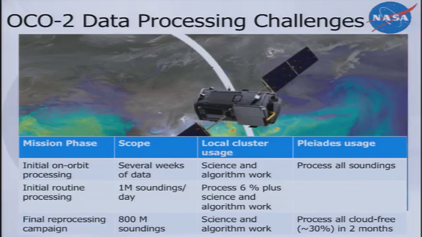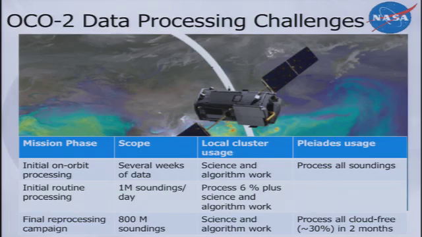It's orbiting the Earth, collecting data. A sounding is usually temperature, humidity, but in this case, it's carbon concentration in the vertical atmospheric column.